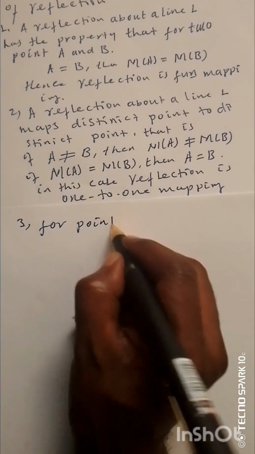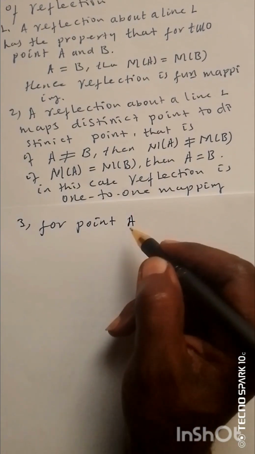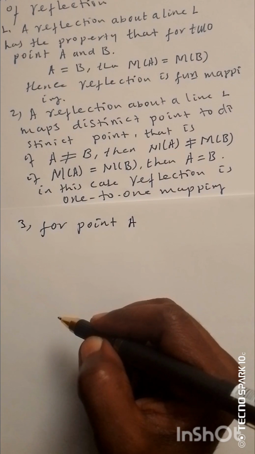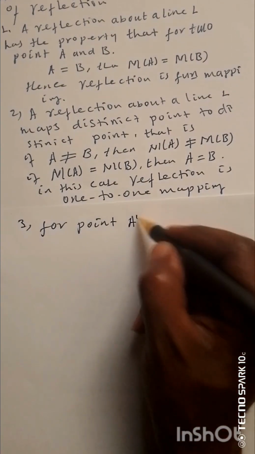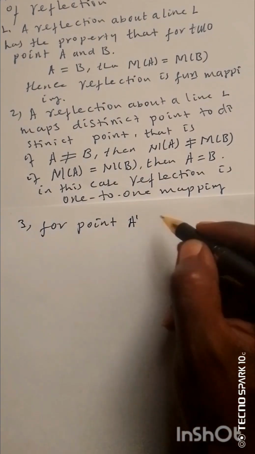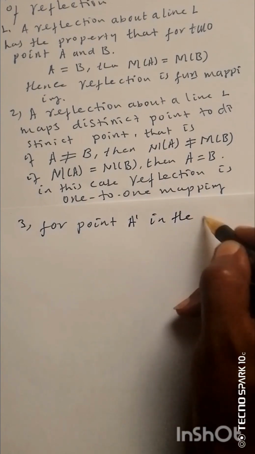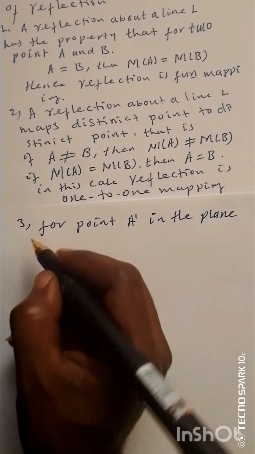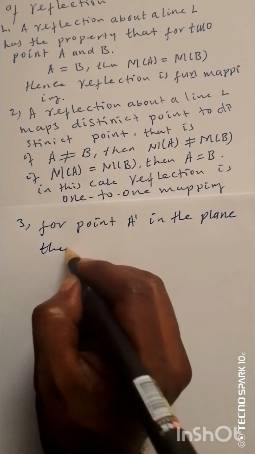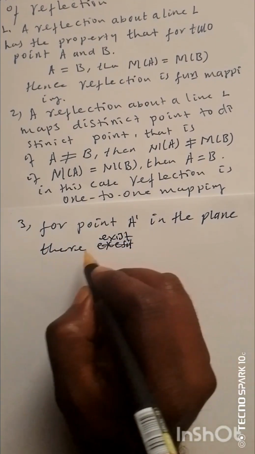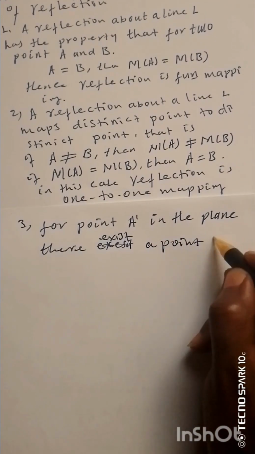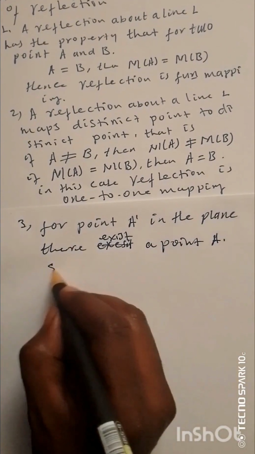And the third property is, for a point A prime in the plane, there exists a point A such that the map of A is equal to A prime, that is, the image is equal.